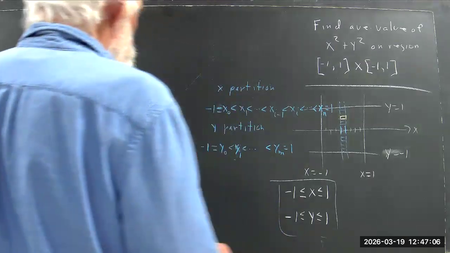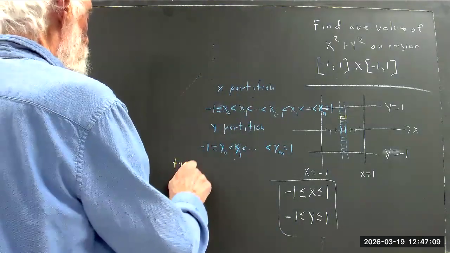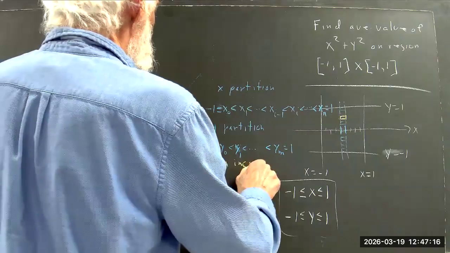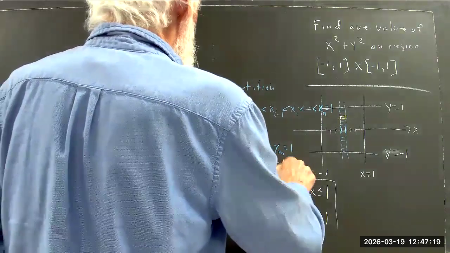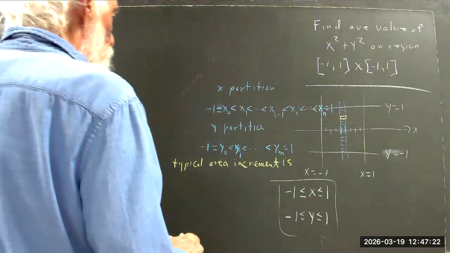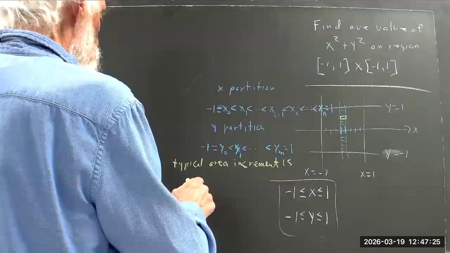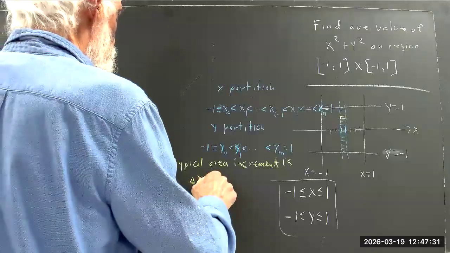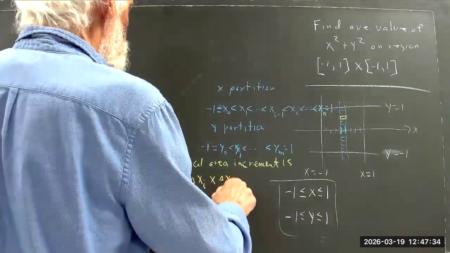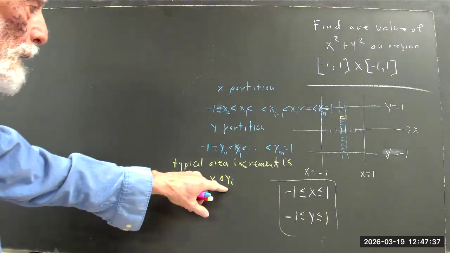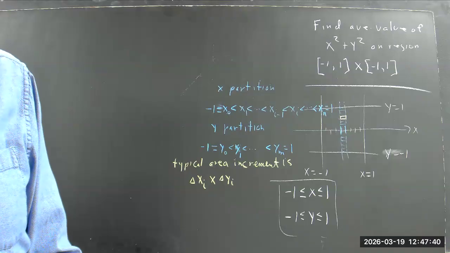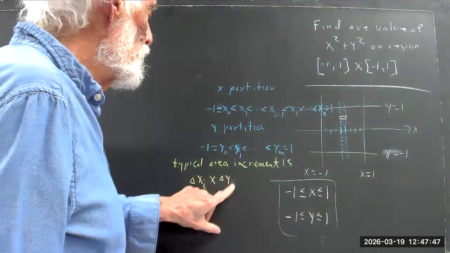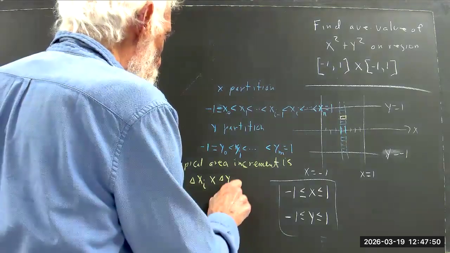Now, a typical area increment has dimensions delta x sub i by delta y sub j.